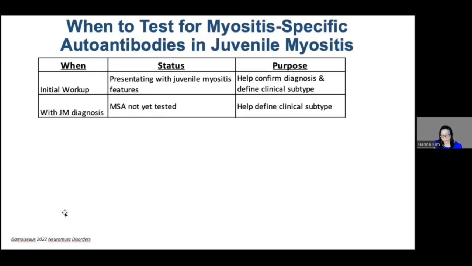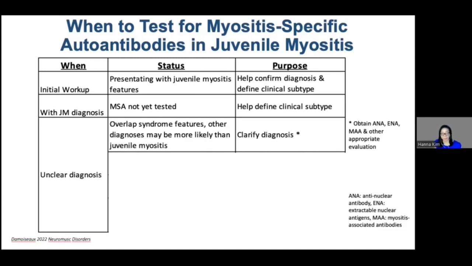And even for those that have a juvenile myositis diagnosis that is well established, if myositis-specific autoantibody testing has not yet been done, it still is helpful to help define the clinical subtypes and all the details like we've reviewed. That includes what features are associated, what sort of prognosis and disease course is expected, and what type of treatment response they may have.